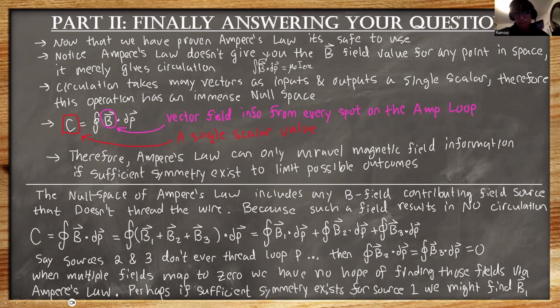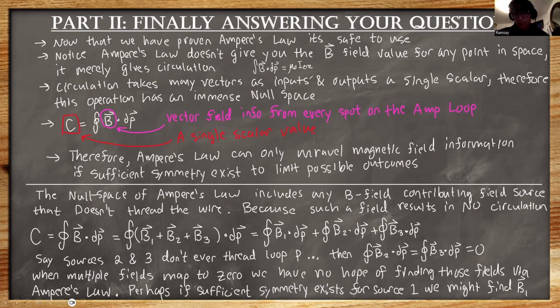So you need to have B field information to calculate circulation, don't you? As a matter of fact, you need to know the B field at every point on that path in order to truly calculate it. But once you take the dot product and sum those things together, what comes out of this vector field information is just a number.